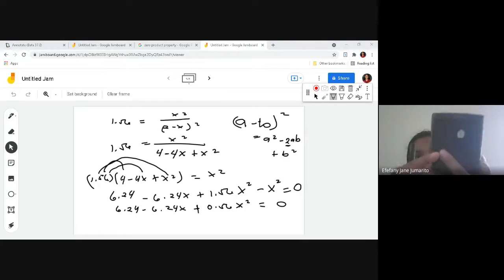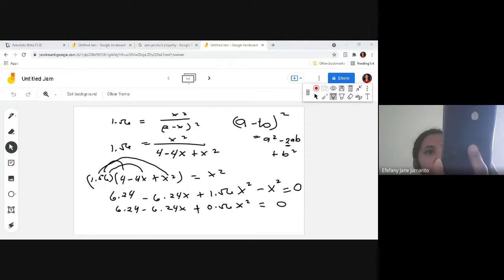Now, after that, let's set the mode of our calculator. Press mode. Since this is an equation, a quadratic equation, we press 1.